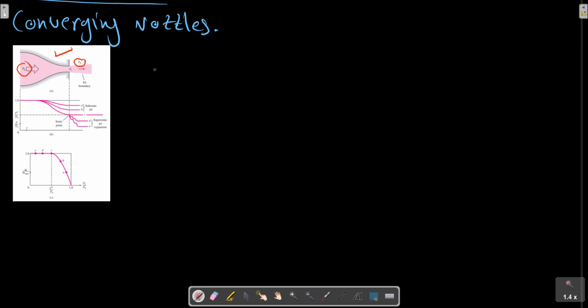Back pressure is smaller than the stagnation pressure, resulting in the sequence of states A to E shown in the picture.